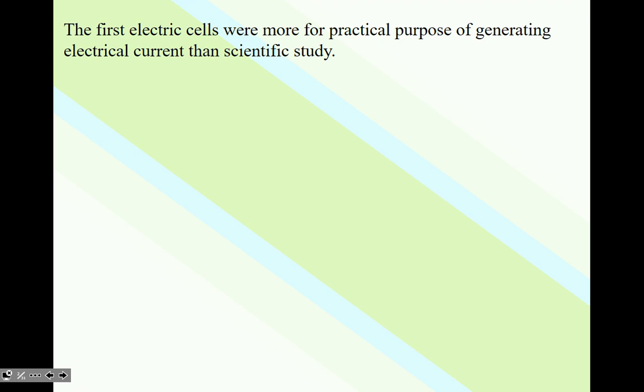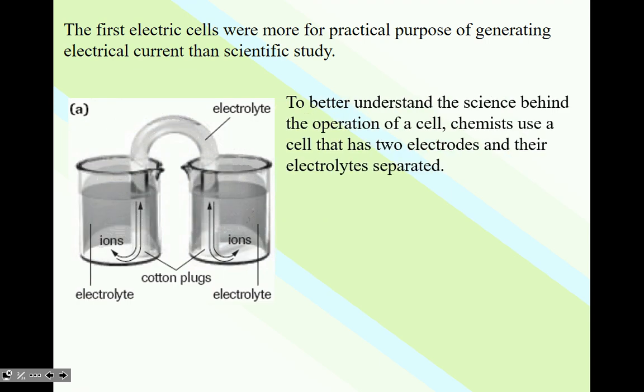The first electric cells were more for the practical purpose of generating electrical current than scientific study. To better understand the science behind the operation of a cell, chemists use a cell that has two electrodes and their electrolytes separated. So there's two containers, each with an electrolyte, and an electrode in each.